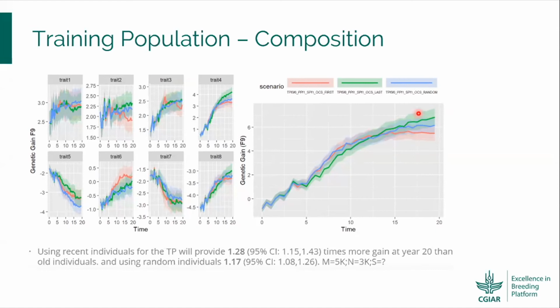If we were going to always use 3,000 records to fit the model, it's better to use the newest records because that keeps the model updated. And mixing old and new records, of course, got something in the middle in terms of genetic gain for the index, but also for some of the traits behind the index.